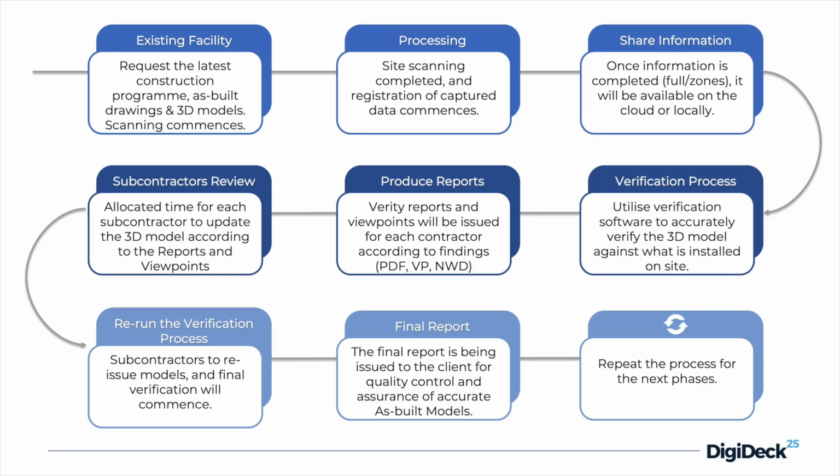It's shared with the subcontractors. They're updating their 3D models based on the report that we issued, and then they're reissuing the models again. And then we are doing re-verification, and we are issuing a final report. This is a process that you can apply multiple times. It depends on how many phases you actually have on the project.